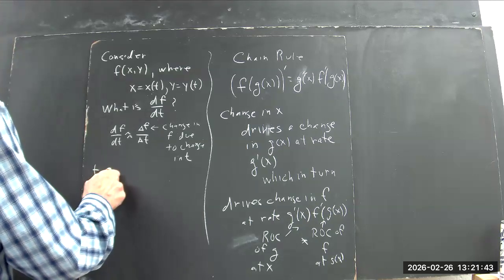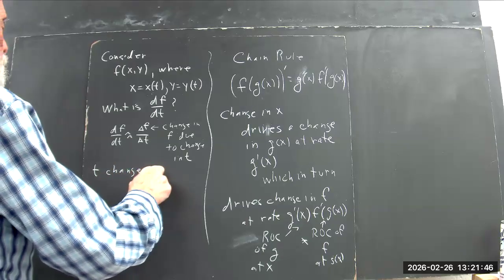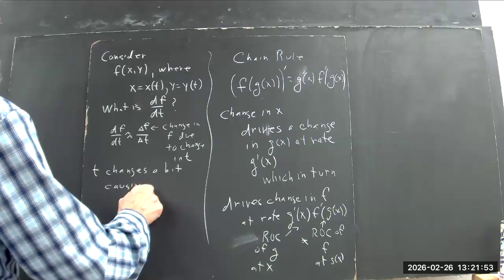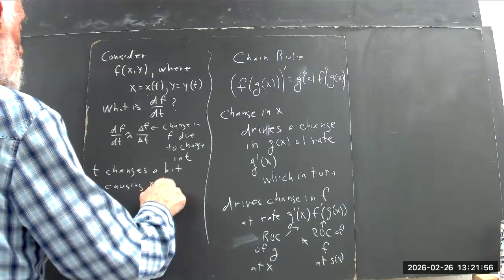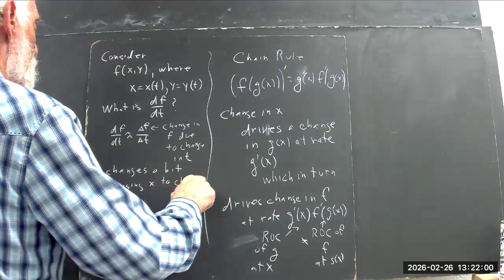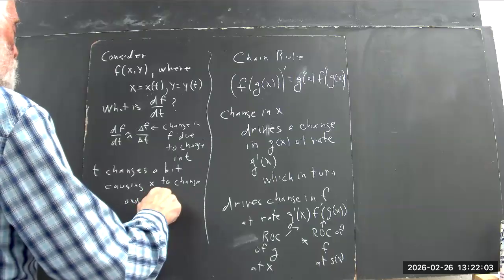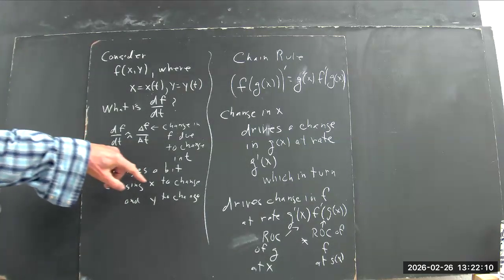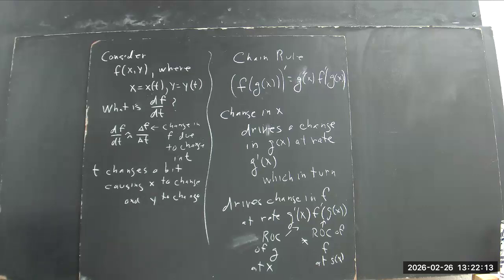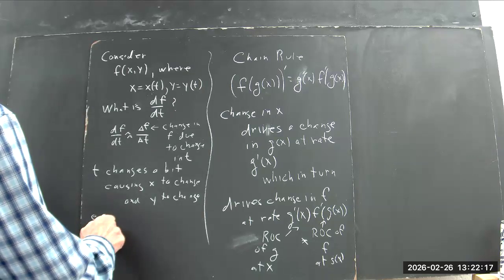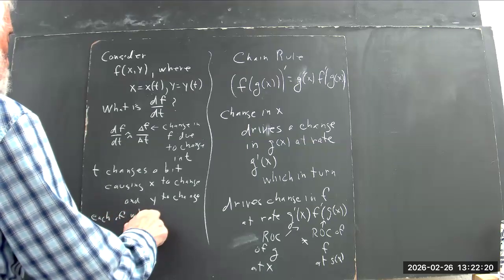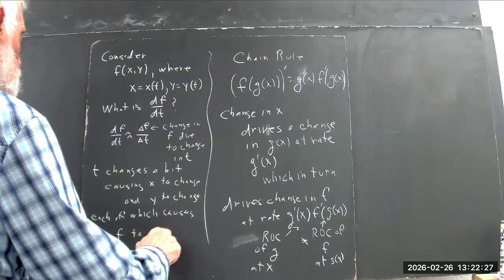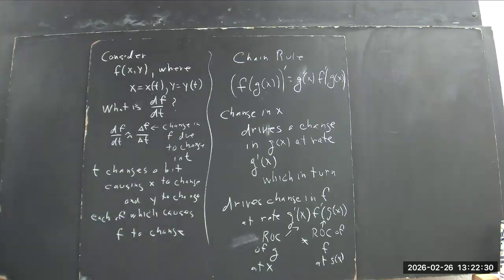So t changes a bit, causing x to change and y to change, each of which causes f to change.